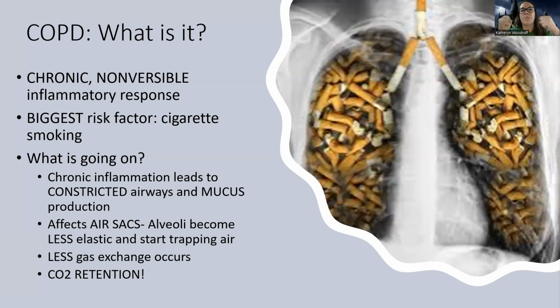Air goes in and they open and close, but over time they become less elastic, and air just gets stuck in them. They're not working how they're supposed to. Effectively, CO2 gets stuck in them and cannot be exhaled. So the big difference here is that there is massive CO2 retention for patients with COPD, and you can remember it because it's got the CO in the name.